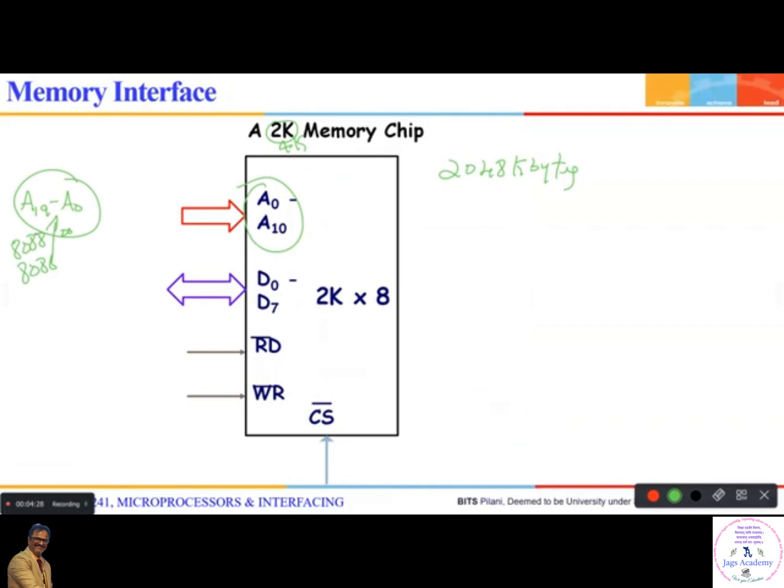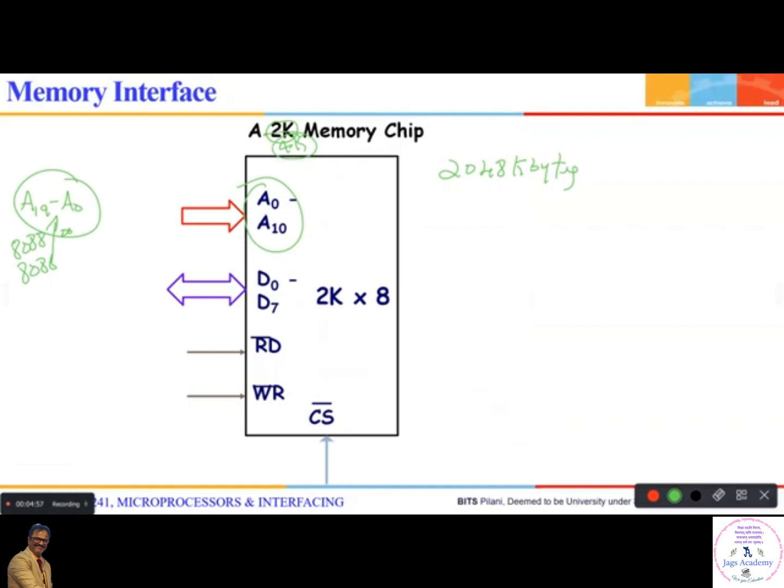Now, look at this memory device, of size 2K. To locate a particular memory location in this memory, you need 11 address lines. For 4K, you require 12 address lines.